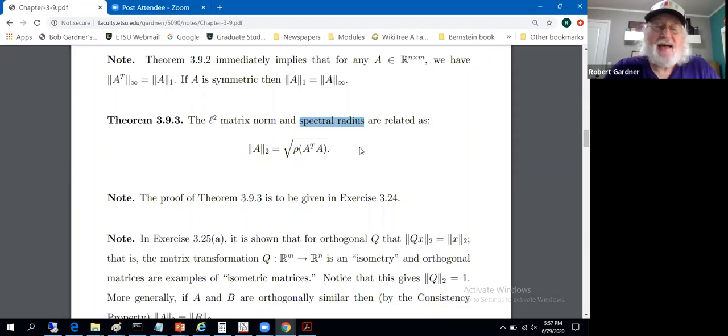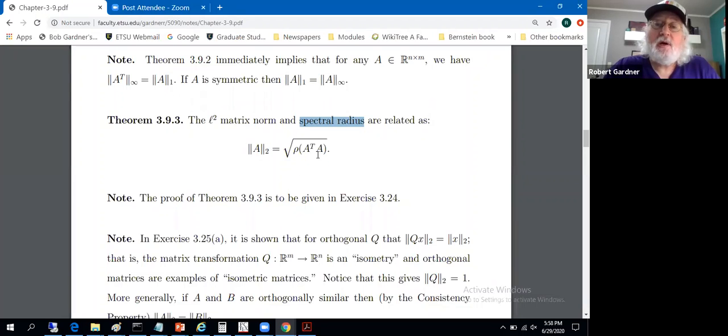Spectral radius, that's the modulus of the maximum size eigenvalue. So here comes this stuff in a conversation about the eigenvalues of a matrix in connection with these norms. So I don't see that as an intuitive result myself.